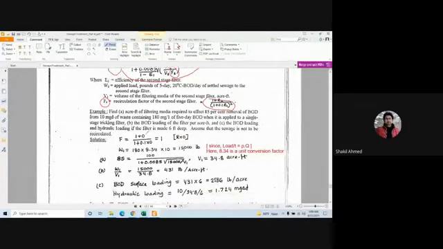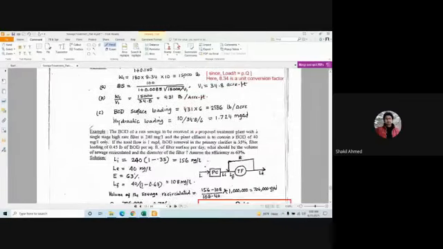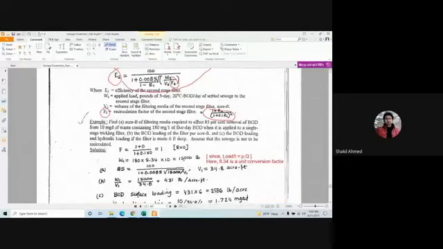Now let's look at some example problems. In this problem, they're asking to find acre feet. Acre is the unit of area and feet is the unit of depth, right guys?